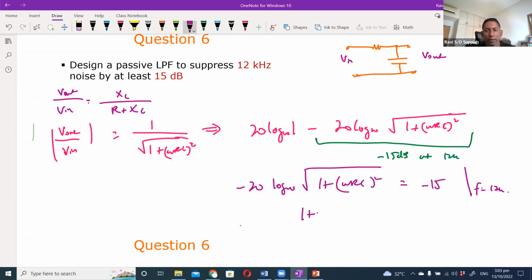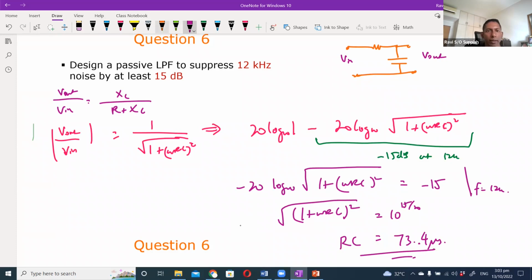Once you come to this stage, the rest is all just maths. 10 to the power of 20. Then you solve for RC, you get 73.4 microseconds. So that is your RC value. After that, you can choose whatever values that you want.